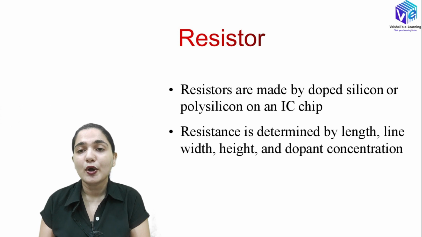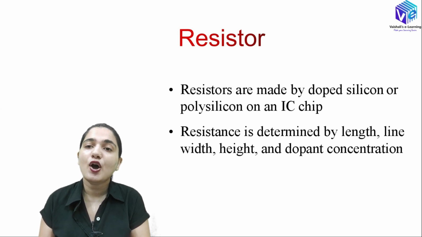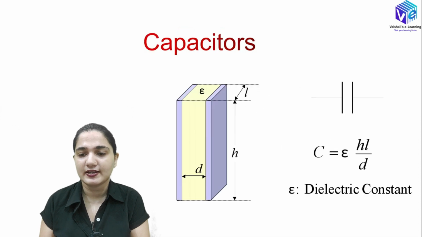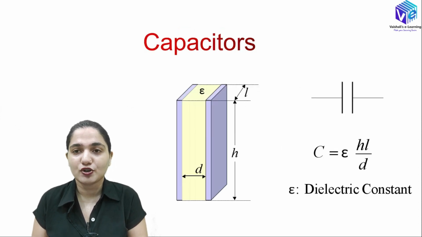Whenever we are working with VLSI devices, we have to fabricate the devices based upon a predefined resistance. We have to control the resistance so that all of the electronic properties will be controlled. So the resistance is nearly around 10 ohms. This resistance we can control with the help of doping concentration as well as polysilicon. So resistance is a really important parameter for all of the electronic properties.